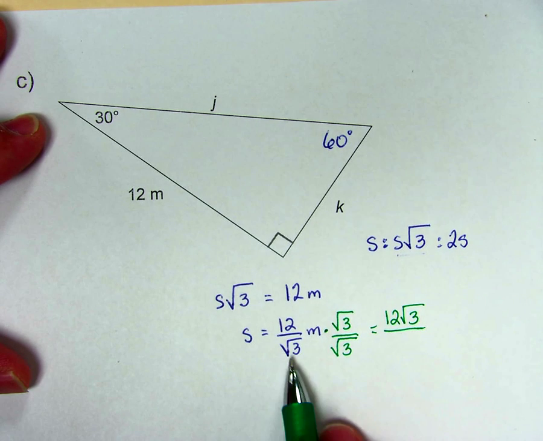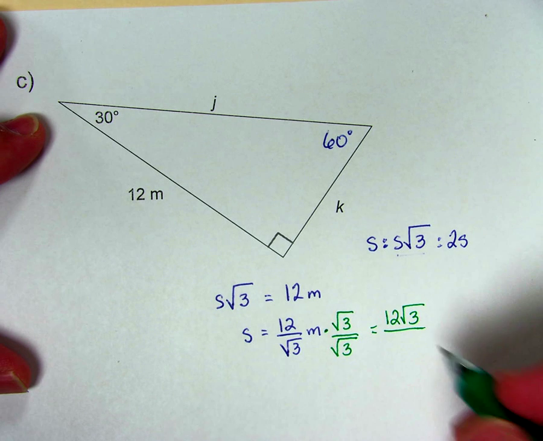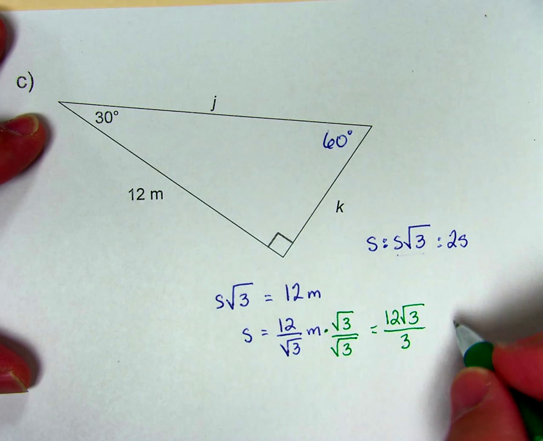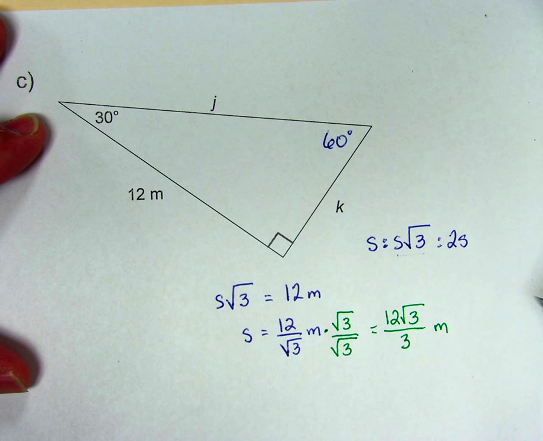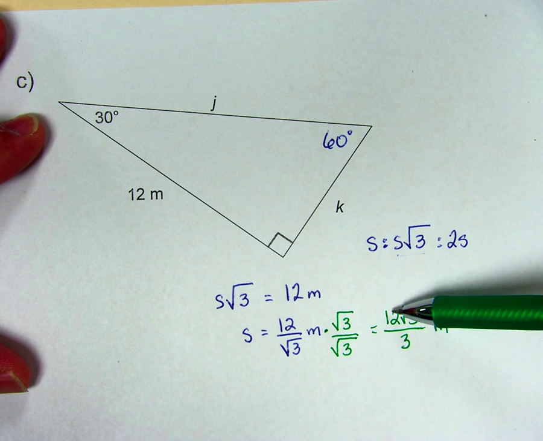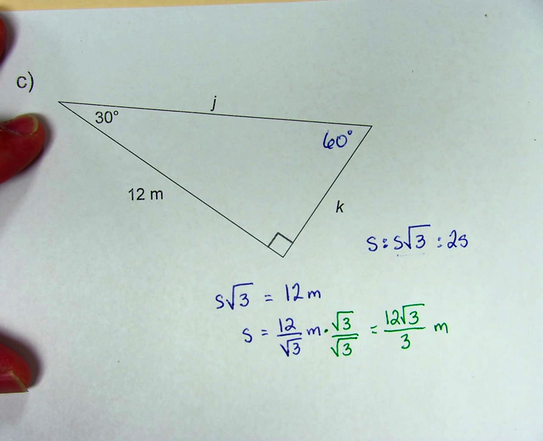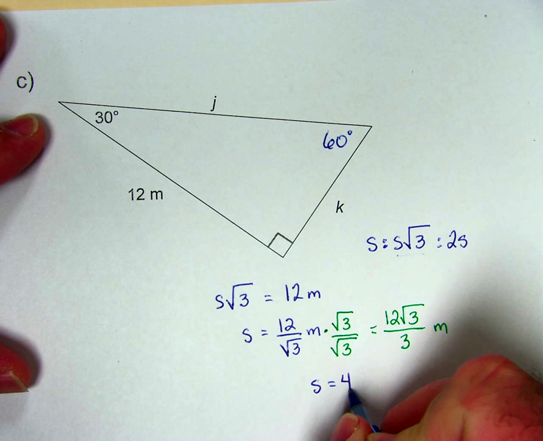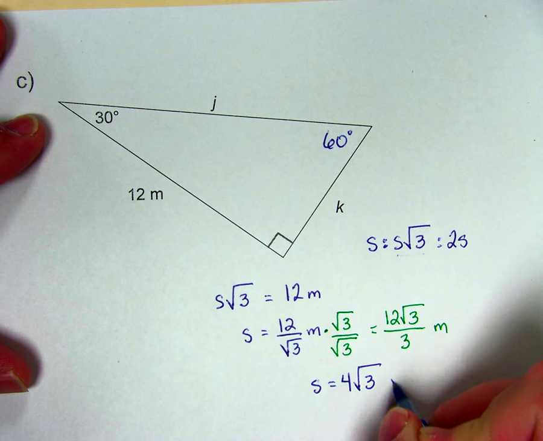In the denominator, square root of 3 times the square root of 3 is just 3. In this case, now the factors outside the square root can be reduced, and so we'd find that S is equal to 4 times the square root of 3 meters.